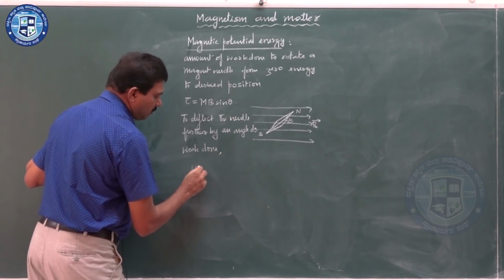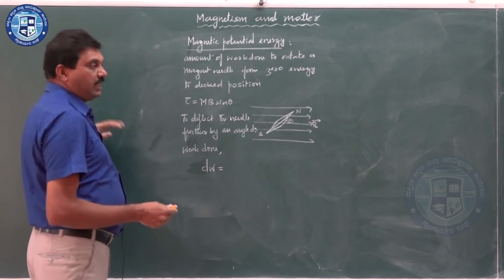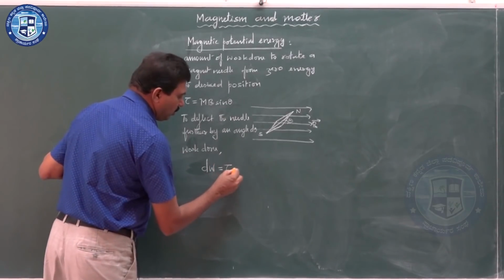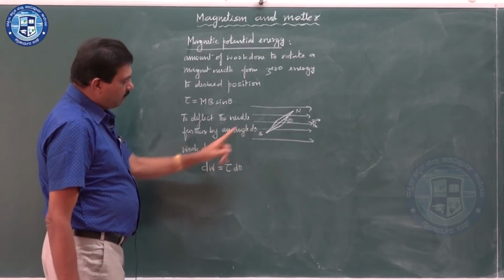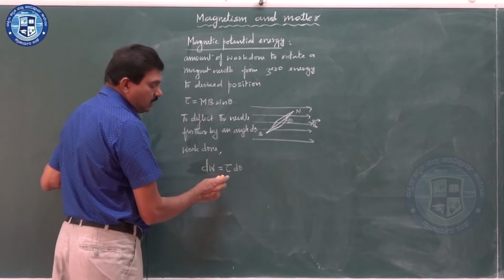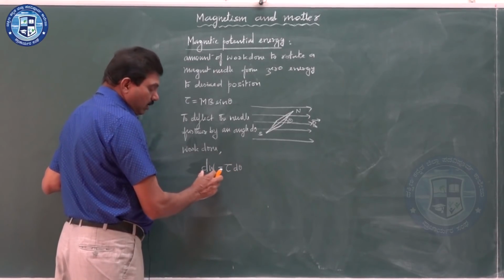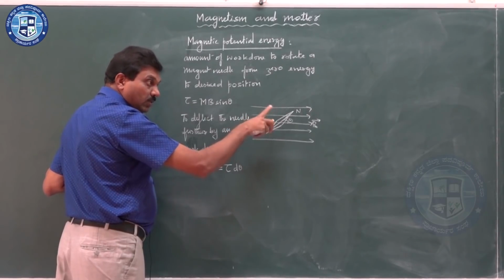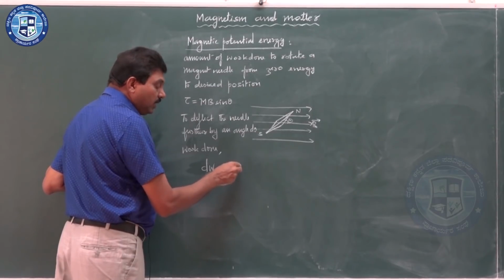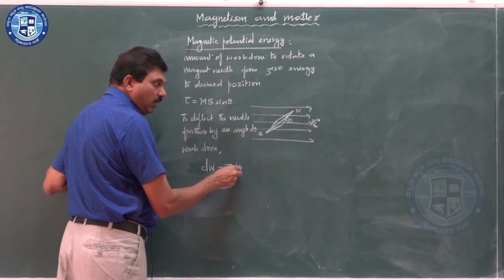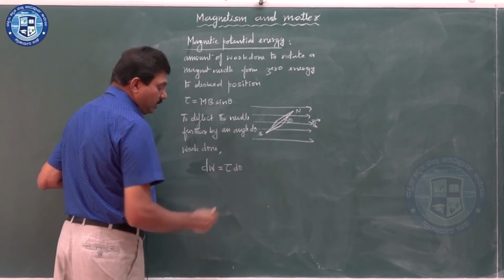That work done, dW, will be equal to torque into d theta. See, work done is equal to force into displacement in case of linear motion. So here for angular motion, this is rotational motion, instead of force it must be moment of force, that is torque, into, instead of displacement, angular displacement d theta. So work done is equal to torque into d theta.